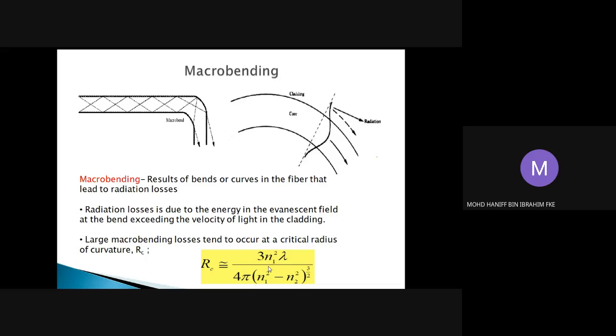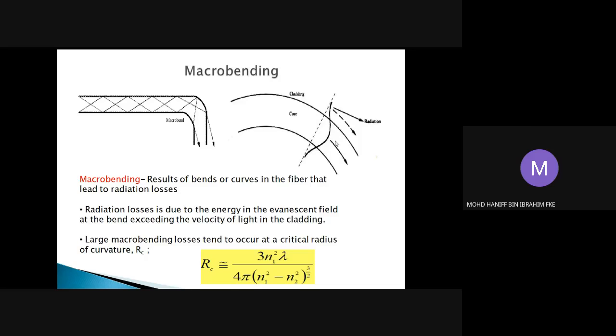Okay, then we have macrobending. This is a large scale of bending. I put here the diagram that shows the effect of a macrobend. When we have a macrobend structure, we can see the light in the radiated mode, so this is radiation, and this is a guiding mode.